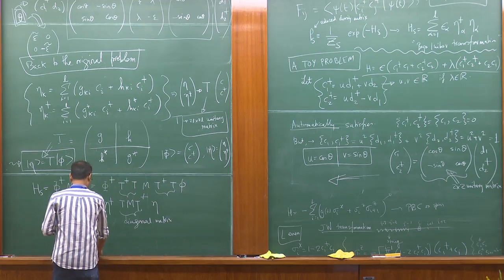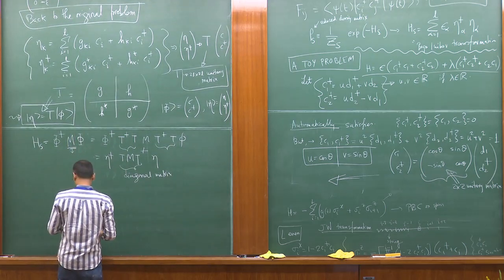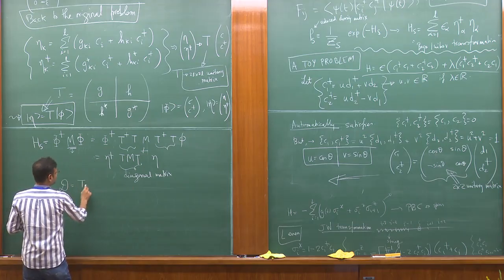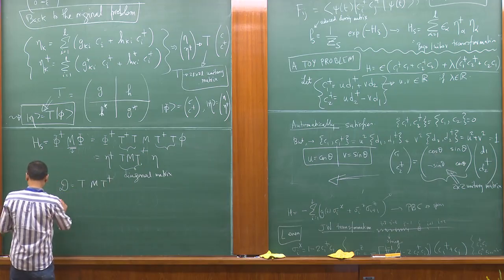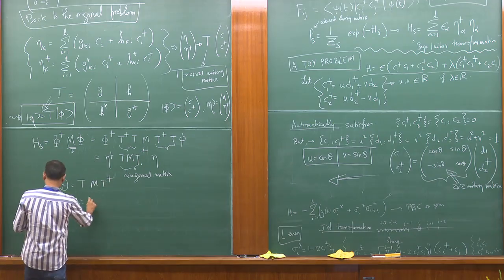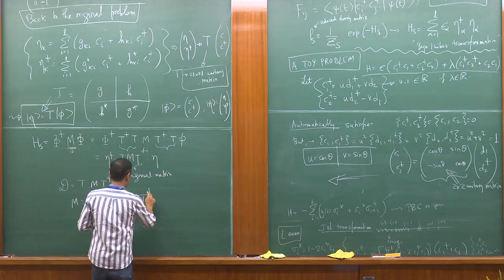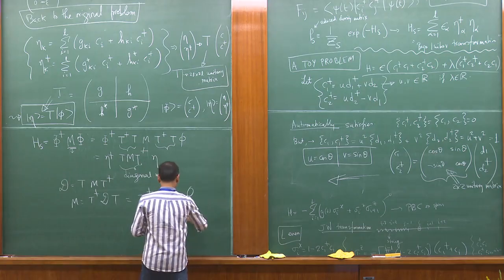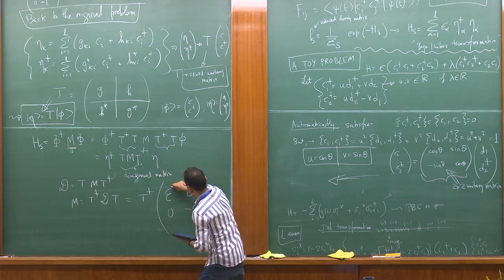Okay, in fact, if you look at the form of this diagonal matrix, there's some D, which is some diagonal matrix, right? So basically, M is T dagger D T. If you look at the form of this diagonal matrix, it again looks like this. There's a collective epsilon, 0, 0, minus epsilon.